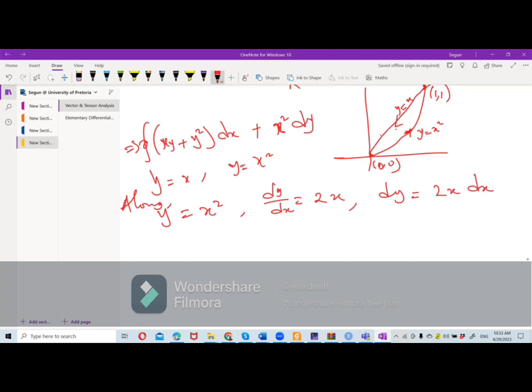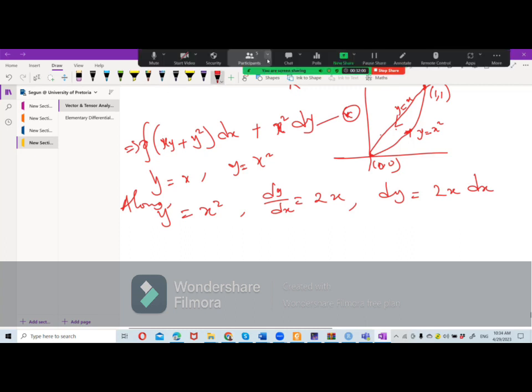So we go back to this equation and substitute everything there. We are doing the substitution now. The integral over C, remember you have x times y. Now we know y.